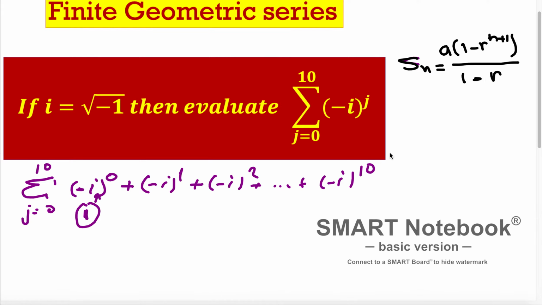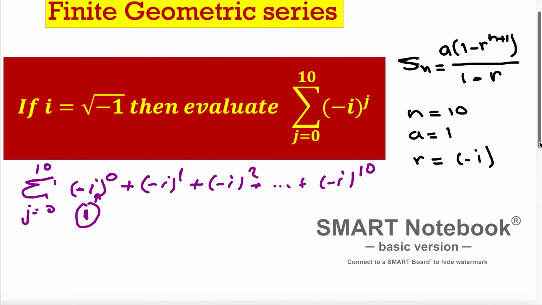This is the formula. But first, let's find a and r, the common ratio between two terms, and n. Here n is 10, a is the first term, which is 1, and the common ratio r is minus i.